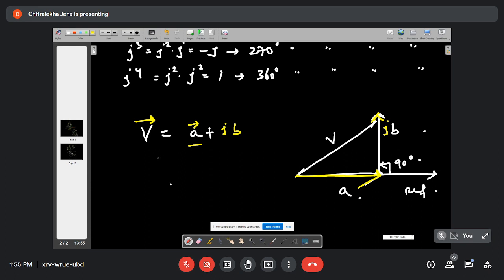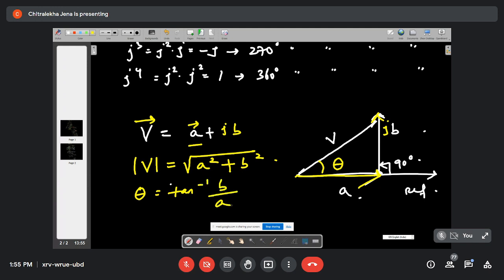Yes, ma'am. So what will be the magnitude of V? The magnitude of V will be equal to the square root of how much? A square plus B square. Suppose this angle is my theta, making an angle theta with the reference axis. So theta will be equal to tan inverse of how much?